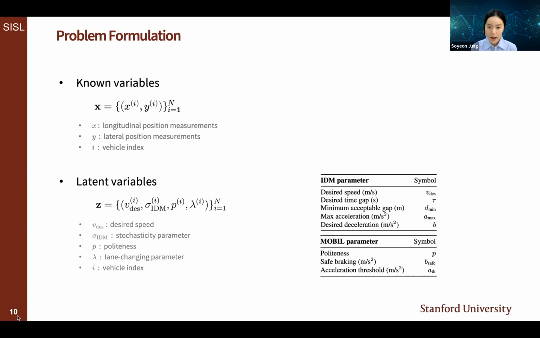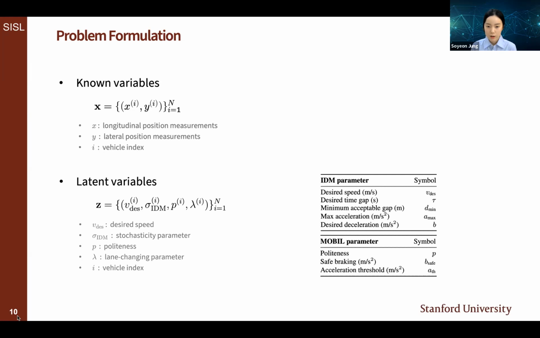Now, I'll explain how to construct a probabilistic latent variable model by combining the IDM and MOBIL, and how to learn the distributions over a subset of the parameters of these models. In this work, X denotes a set of known variables consisting of the longitudinal and lateral position measurements of each vehicle.